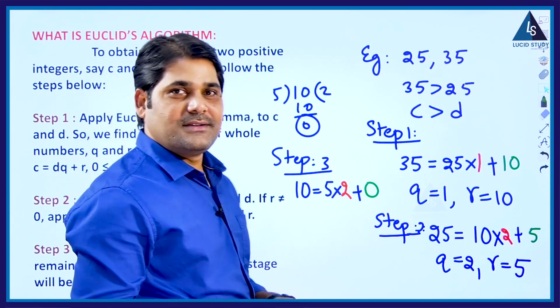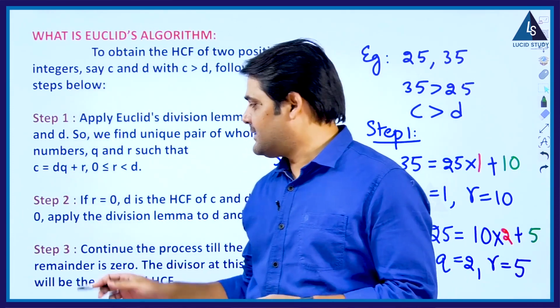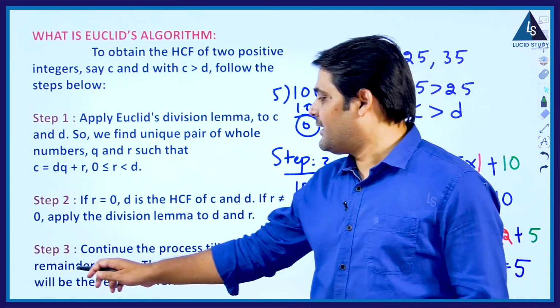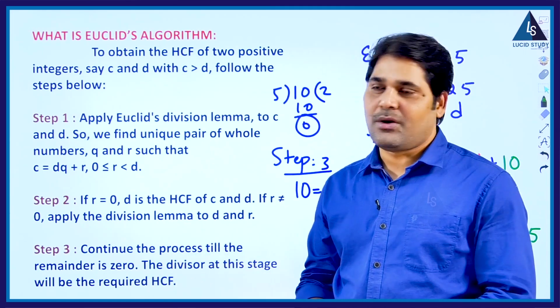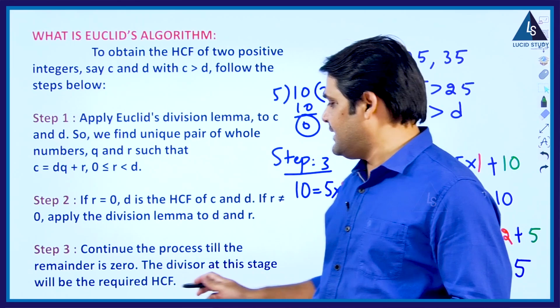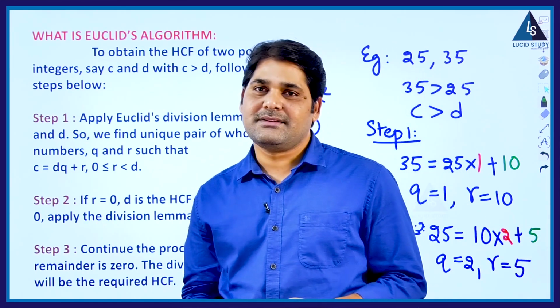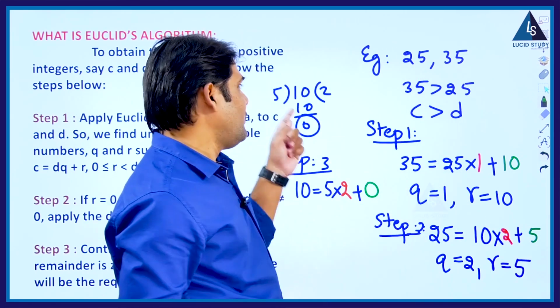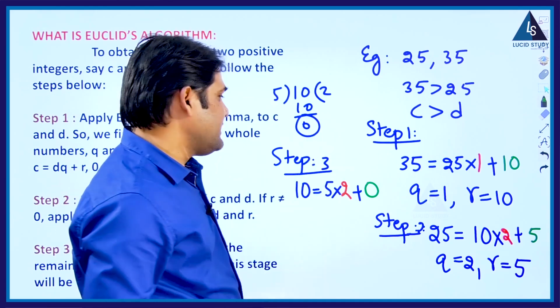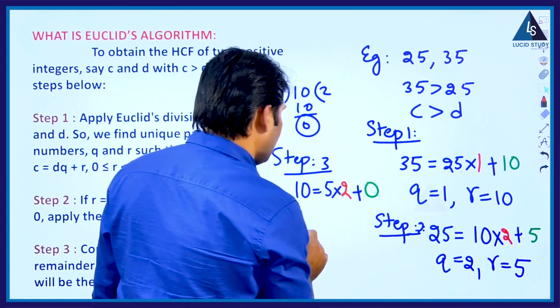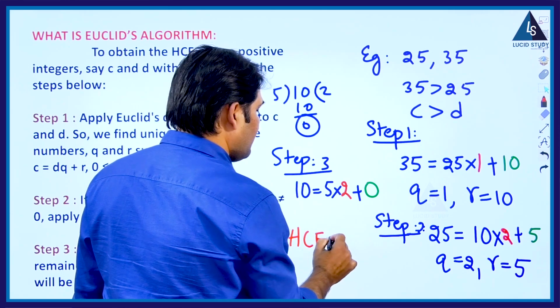Whenever we get 0, what is the condition? Continue this process until the remainder is 0. Remainder we got 0 now, then the divisor at this stage will be the required HCF. What is the divisor here? 5. So HCF is equal to 5.